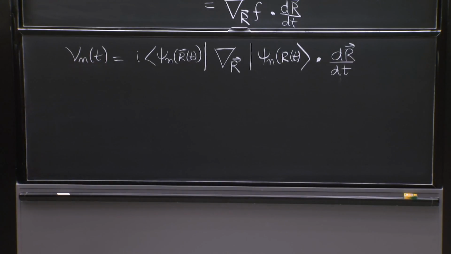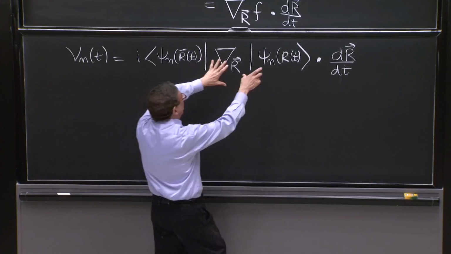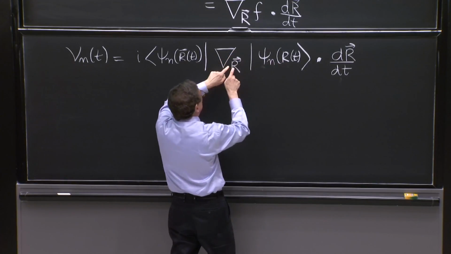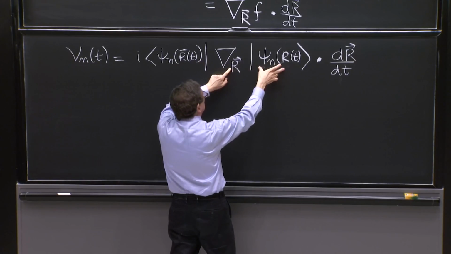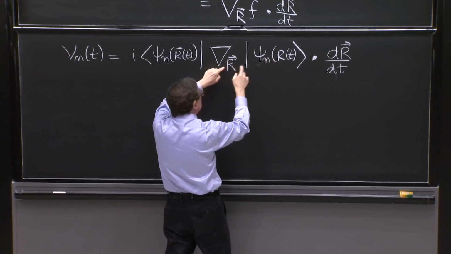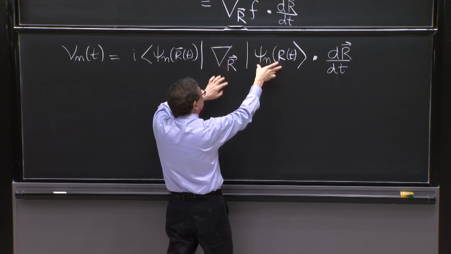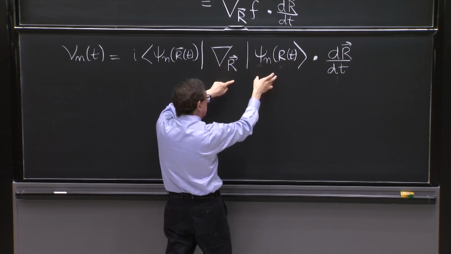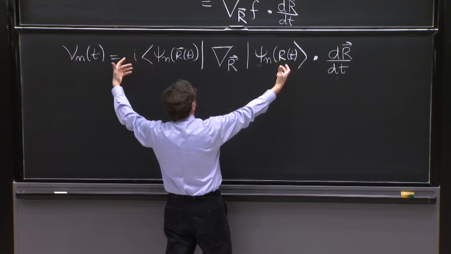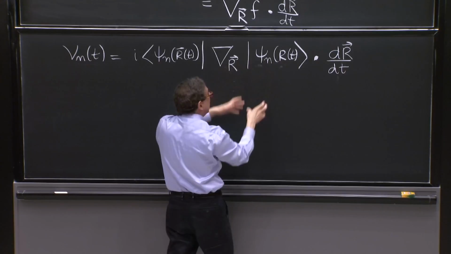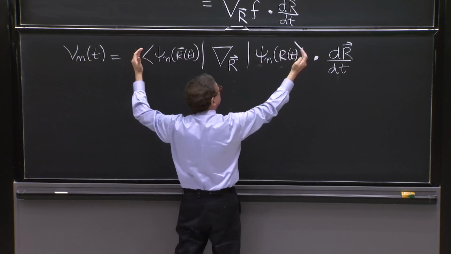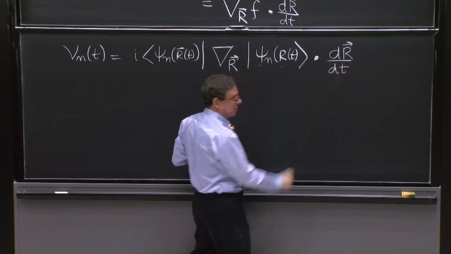This is a dot product. So just to make sure you understand here, you have one ket here, and you have this gradient. So that gives you capital N components, the derivative of the ket with respect to R1, R2, R3, R4. Then with the inner product, it gives you capital N numbers, which are the components of a vector that is being dotted with this vector.